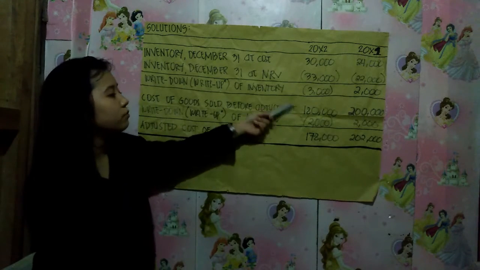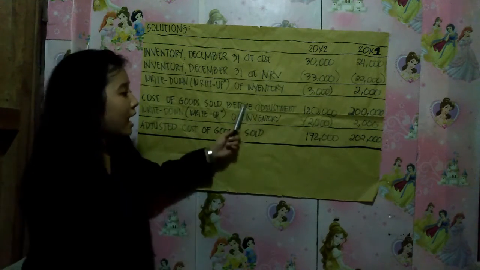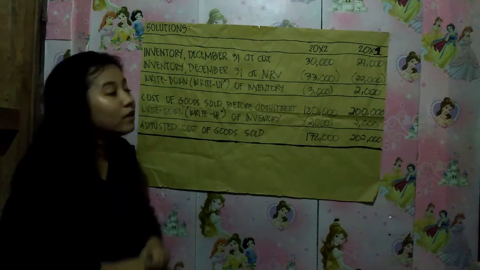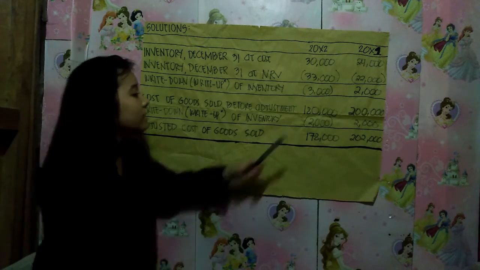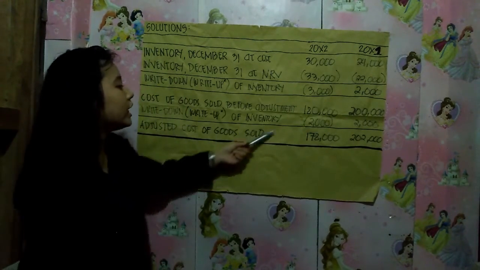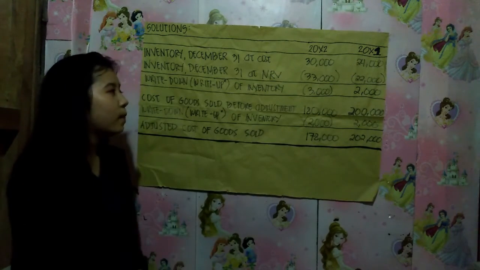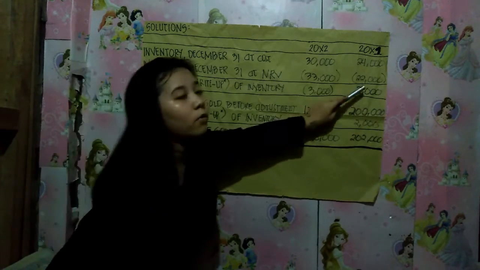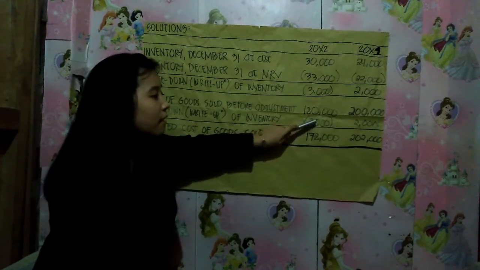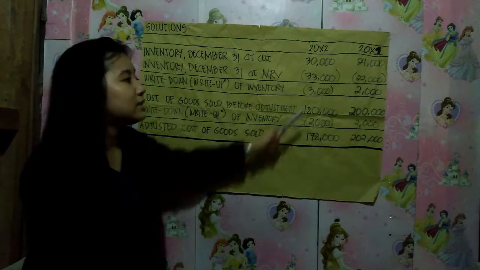So, next step, we have the cost of goods sold before adjustment. The cost of goods sold before adjustment is also given, 180,000 in 20x2. So, next step, deduct the 3,000 write up of inventory from the 180,000. It is less because the inventory was written up in 20x2.